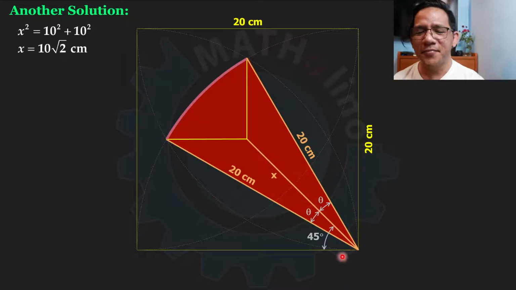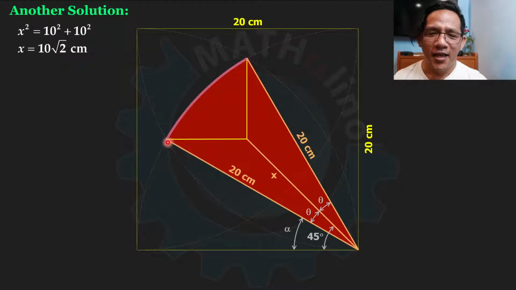How about this angle here? Let's call that alpha. If we can find alpha, we can determine the value of theta. From the figure, from here to here, because this is a midline of the square, is 10. This is 10. So opposite 10 over the hypotenuse 20, that is sine of alpha.